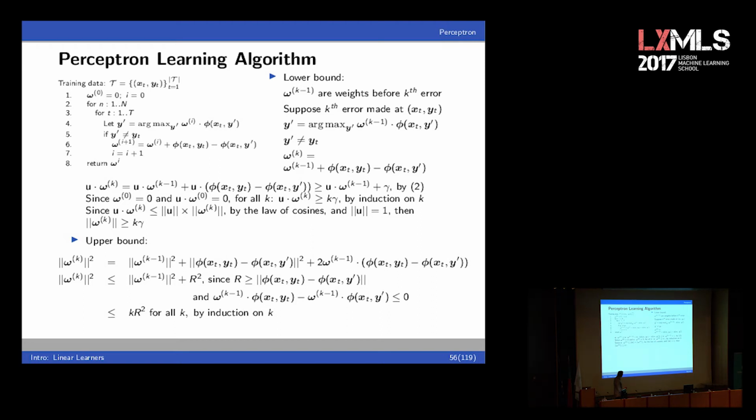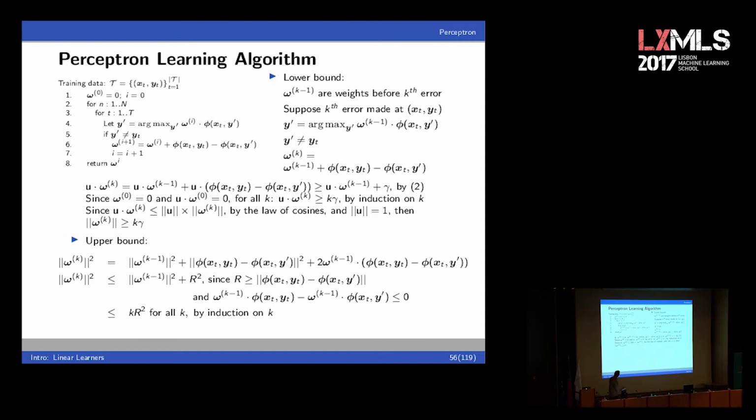So this u times w is now lower bounded by the norm of u times the norm of w, and since we said that the length of u is 1, what we have is our lower bound. Namely, the norm of our weight vector is greater or equal to k times gamma.